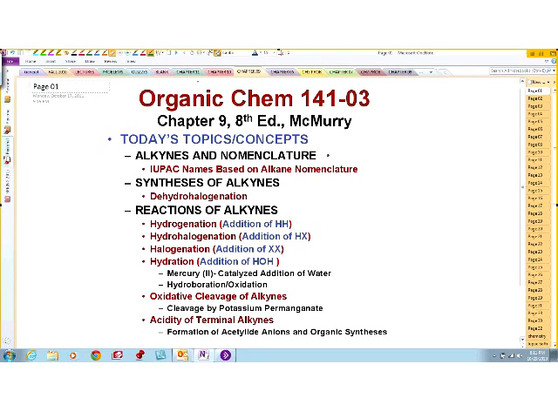So most of these reactions in this chapter should be familiar to all of you. Of course, we are going to start with the nomenclature. Then we get to the synthesis of alkynes. And then we finish up with the reactions of alkynes.